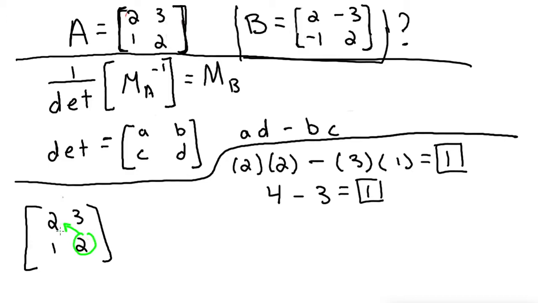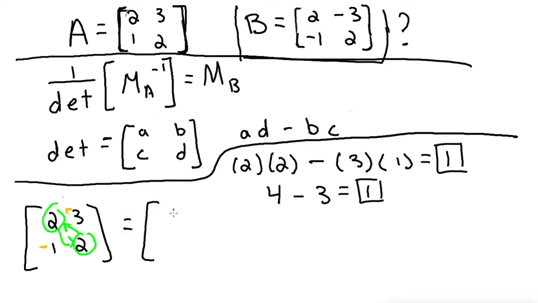This one would go over here, and this number over here would go over here. After I do that, I'm going to take these numbers and make them the opposite sign. So this is a positive 3, so I'm going to make it a negative 3. And this is a positive 1, so I'll make it a negative 1.